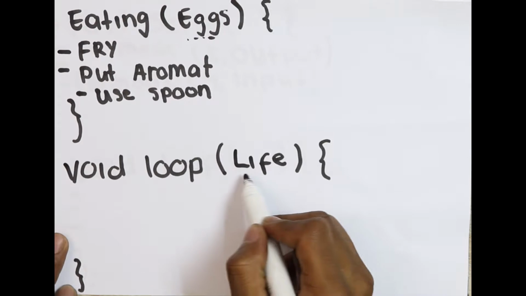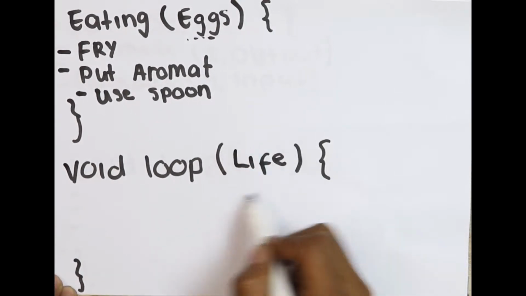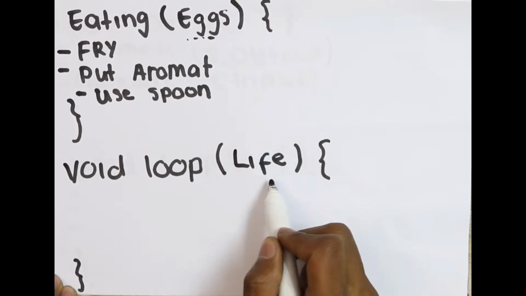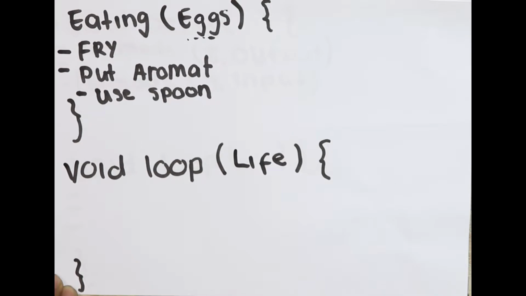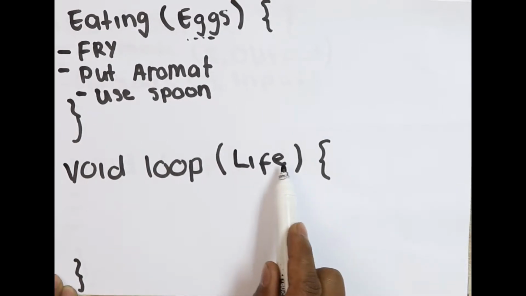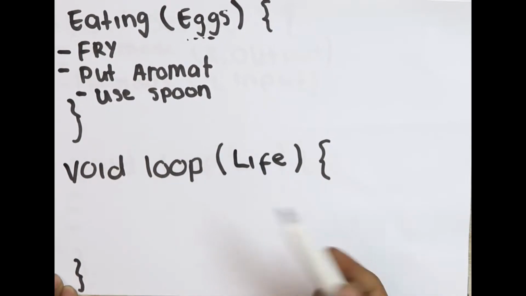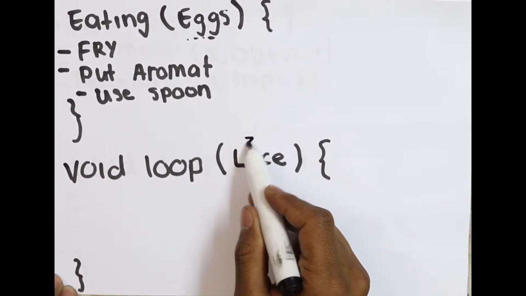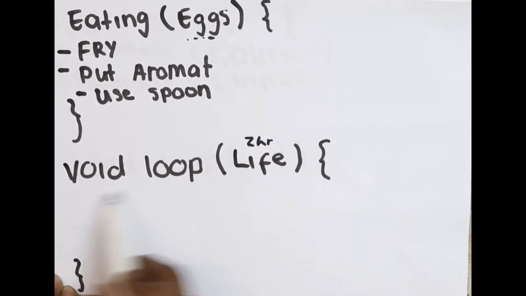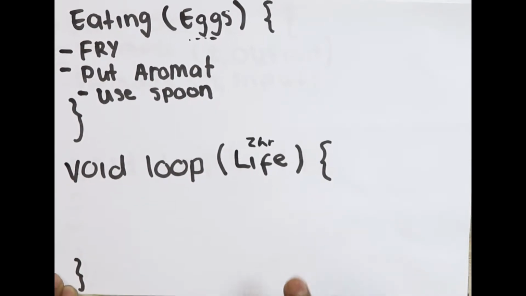I could either tell you eat them for life, or eat them for 2 hours. For as long as this thing in this bracket holds, you're going to do this repeating step until this thing here becomes untrue. So the only time you're going to stop eating these eggs is when your life ends. And if I specify here 2 hours, then you're going to eat these eggs repeatedly in the same way for 2 hours. So essentially this is how it works.